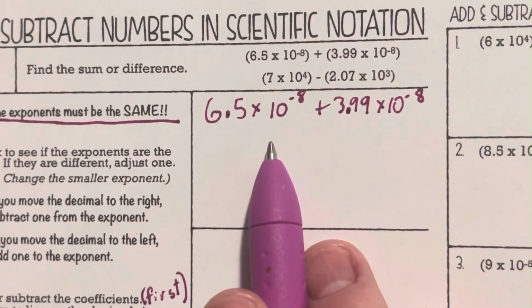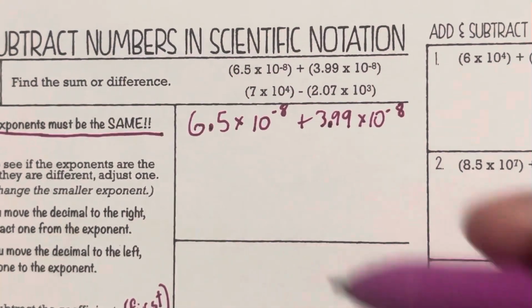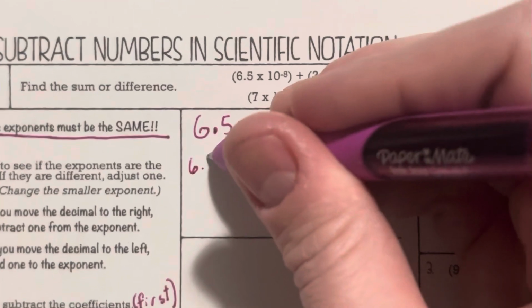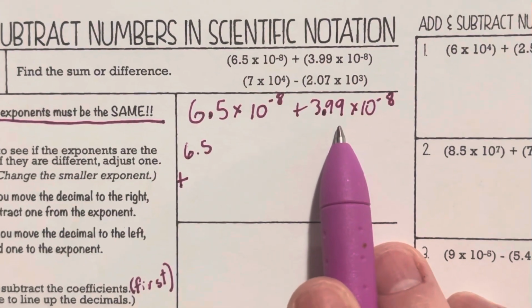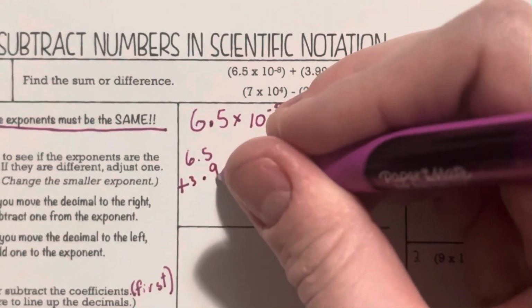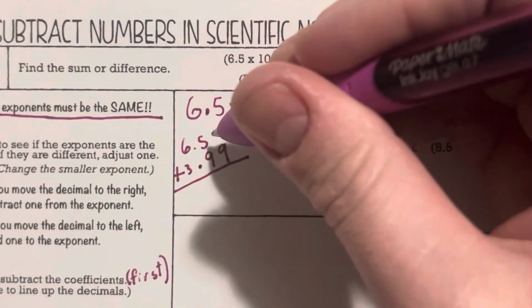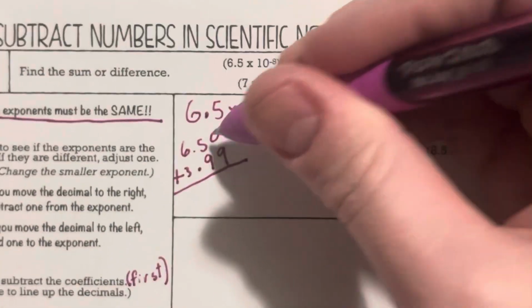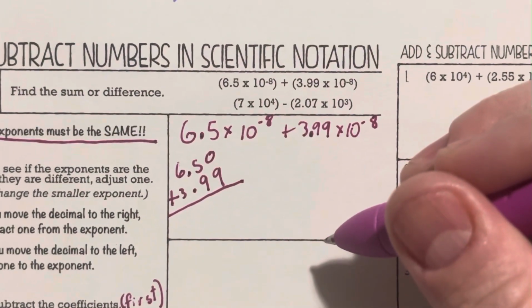So here we go. We're going to go ahead and do that first step. Because these are lined up, I can add 6.5 plus 3.99. Now watch as I make sure to line up the decimals together, or just make sure you're double checking yourself in your calculator. But be very careful as we're adding place values.